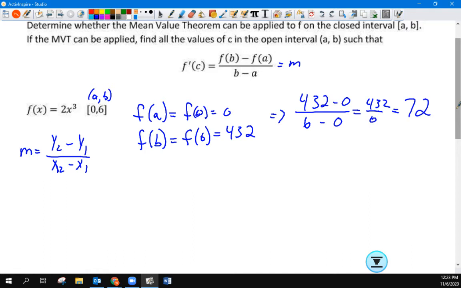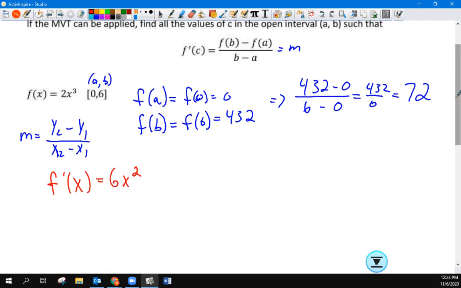Okay, so now we're going to say, can we use the MVT? So next I'm going to find the derivative, f prime of x, which is 6x squared. Now, before I even see if there is a place where it works, I need to find out, is it possible to use the MVT? Well, to do that, I'm first going to plug in f prime at 0. F prime at 0 is 0.